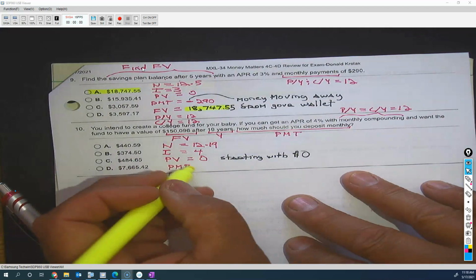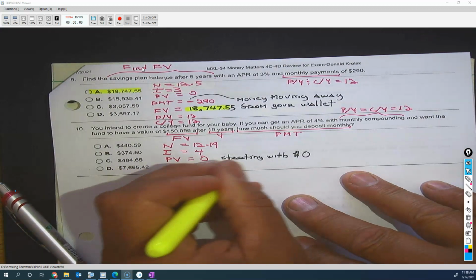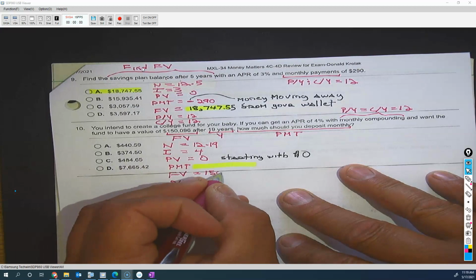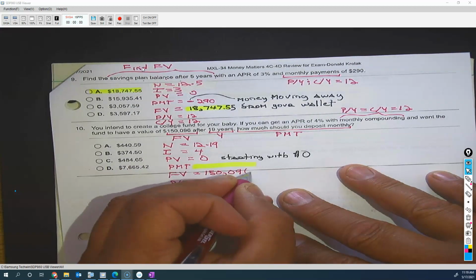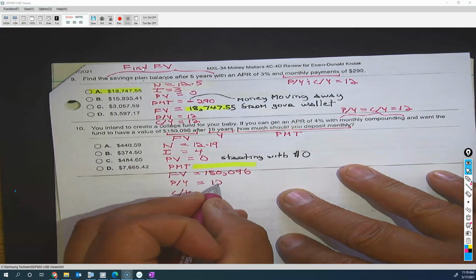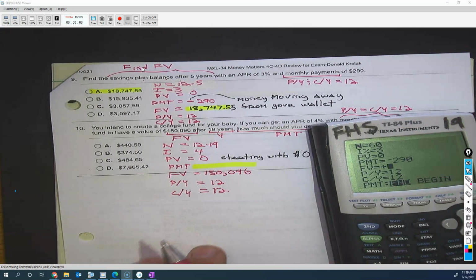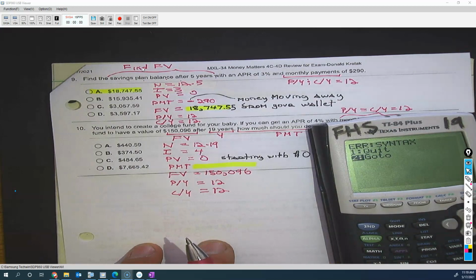Okay, this is what we're trying to find. Okay, we want to end up with this. 12, 12. It's 19.